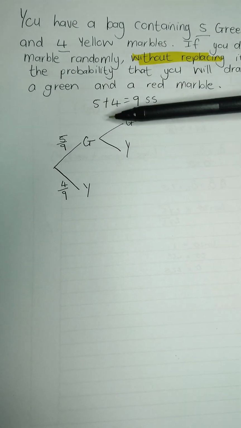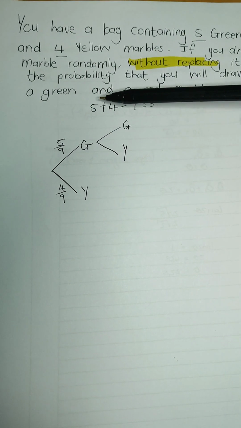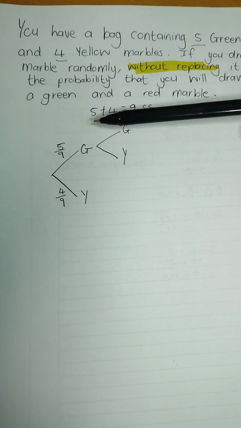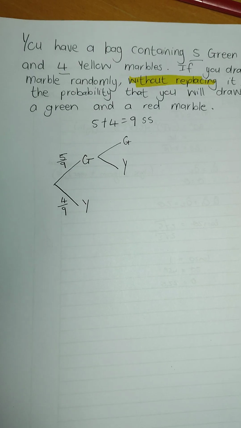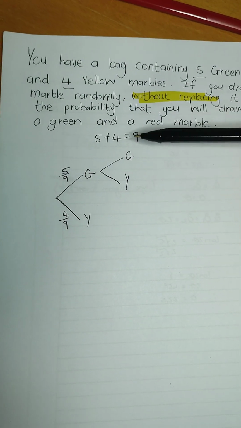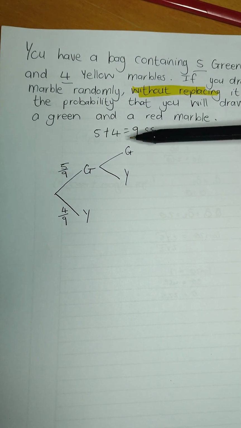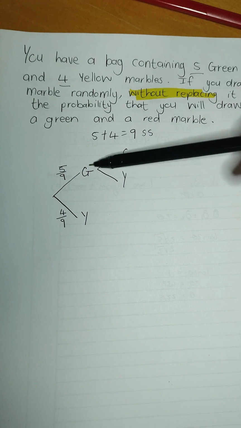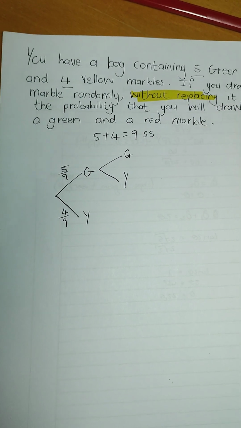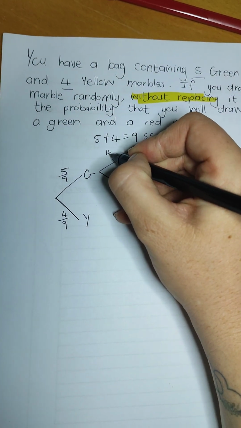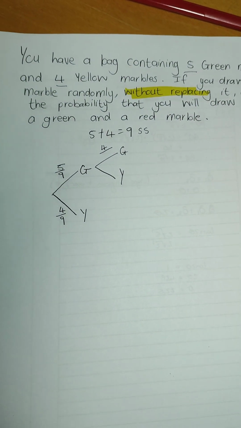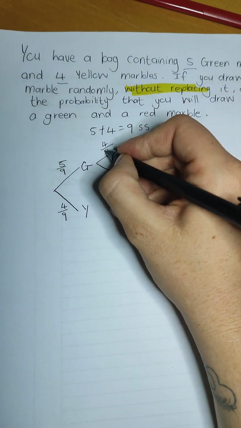Now in my second draw, if in my first shot I drew a green marble, and now I want to draw again, how many green marbles are left in the bag? So there were 5. I took out a green one in the first shot. How many green ones are left? 4. How many marbles are left in the bag? 8.